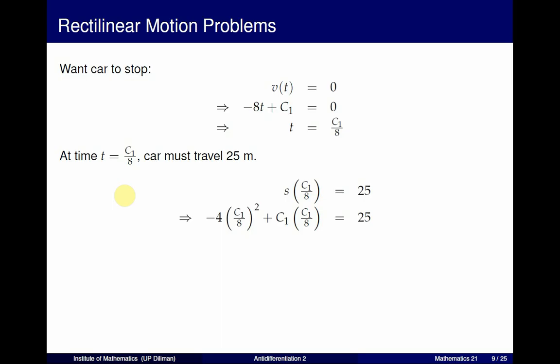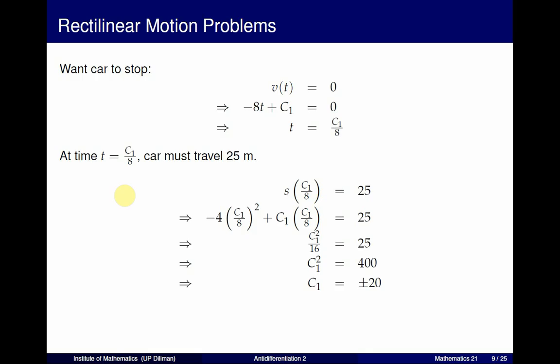Let's just simplify the left-hand side by expanding and combining fractions. So just verify that the left-hand side simplifies to c sub 1 squared over 16. So c sub 1 squared over 16 equals 25 simplifies to c sub 1 squared is 400, and taking square roots gives you c sub 1 is plus or minus 20.